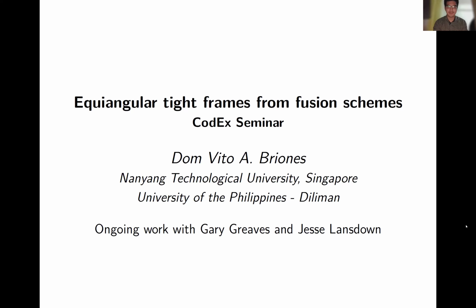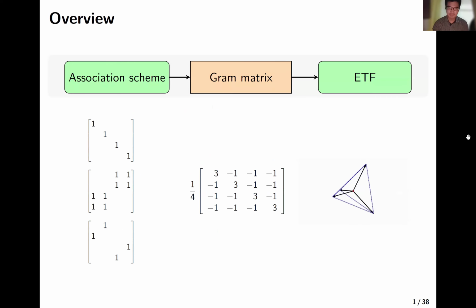So I'll be talking about ETFs from fusion schemes, and this work is ongoing with Gary Greaves and Jesse Lansdowne. The big idea that we're trying to show in this talk is that we're going to find gram matrices of equiangular tight frames using these objects called association schemes. An association scheme is just a collection of matrices with certain properties.